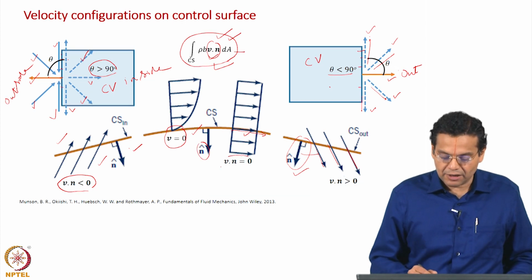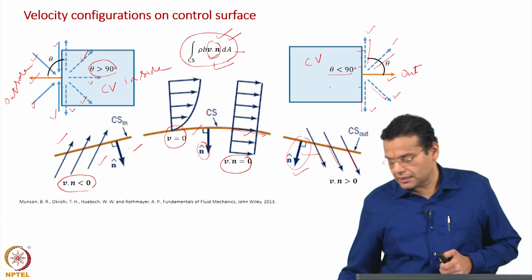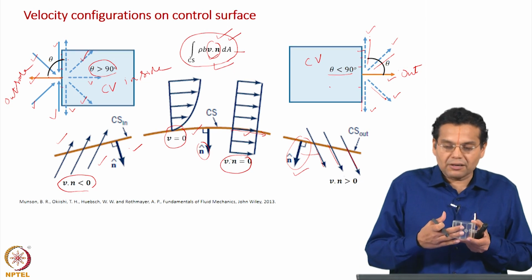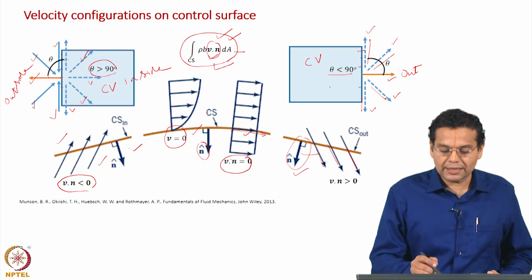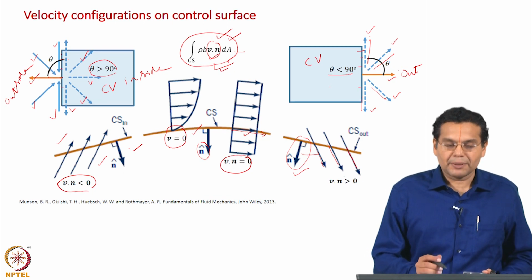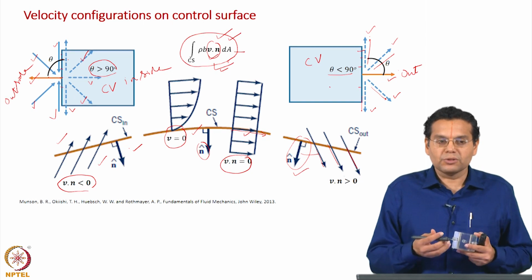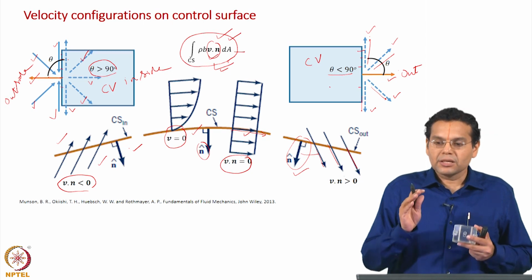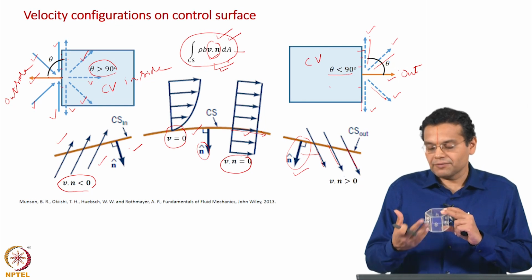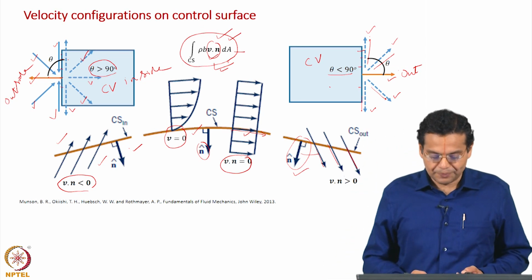Once again v dot n is 0. So, whenever you have a wall, either it clings to the surface or it slides along the surface, and in both cases this term will not contribute. That is why in the previous case we summed up control surface out plus control surface in as just control surface, because you do not have contribution from the walls where there is neither inflow nor outflow.